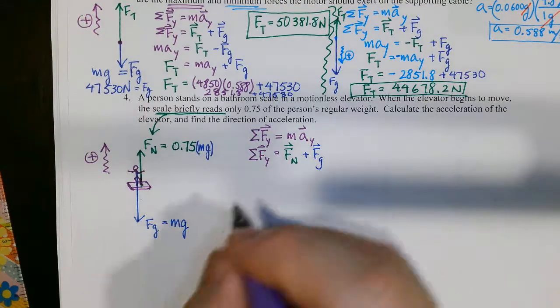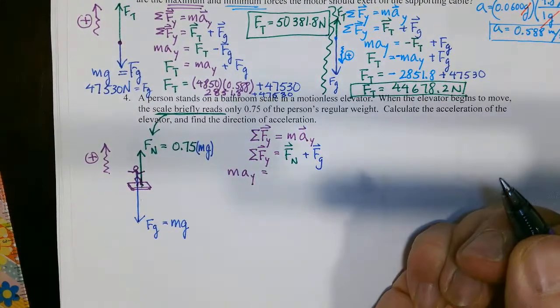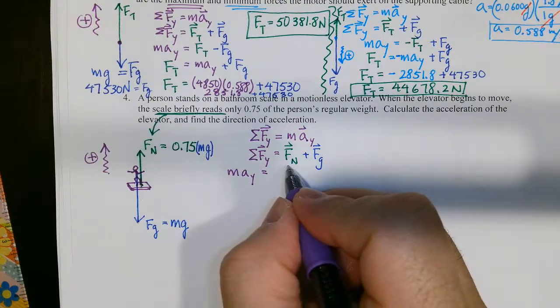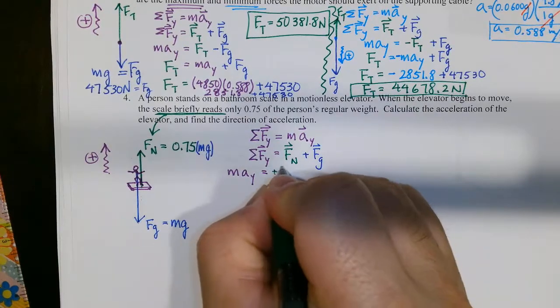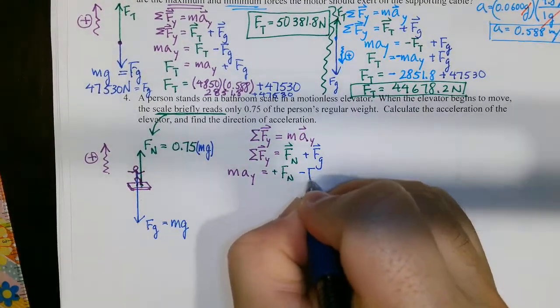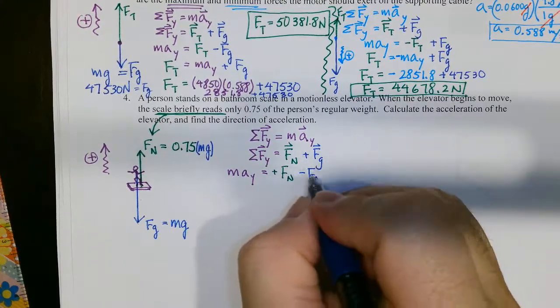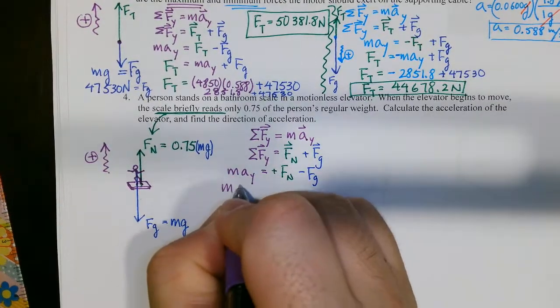So if we set them equal to each other, MAY is equal to F normal. I'm going to call that positive in this case, right? So positive F normal minus Fg. So plus negative Fg. We don't know the mass, so we're going to just keep it as that.